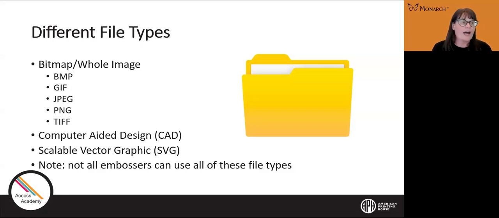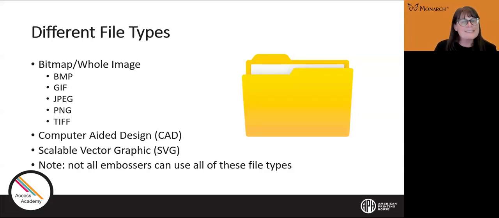They are very highly detailed. They can make 3D objects, pictures, those types of things. They're often used to create floor plans, layouts, and in very high-level technology type jobs and careers. We're not going to talk about CAD types of files today.